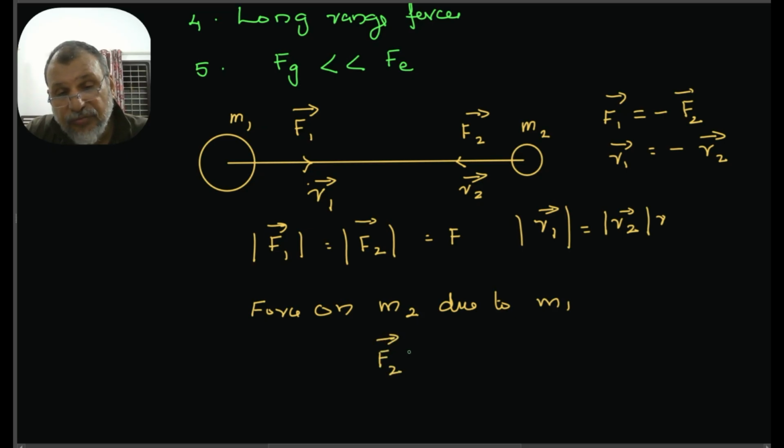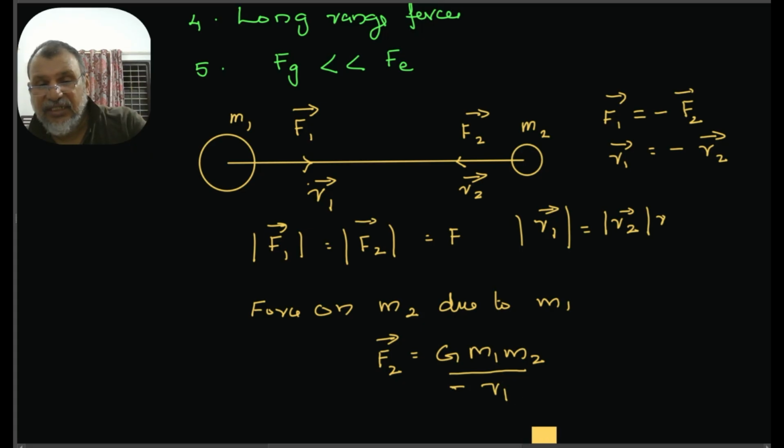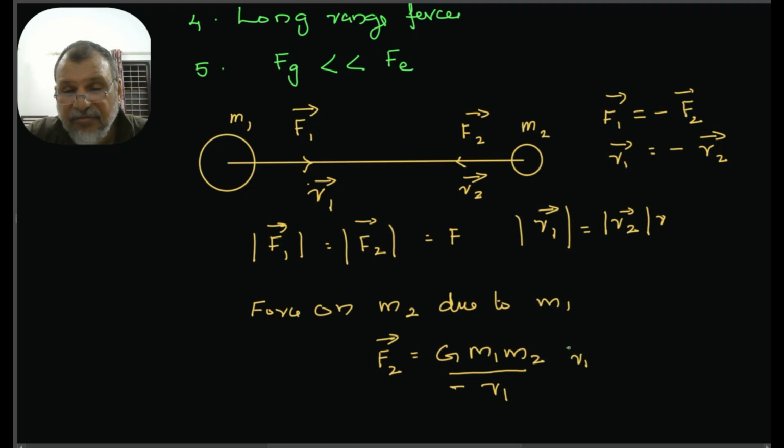In this case we can write f2 is equal to G m1 m2 over r squared, but I must remember the direction. What will be the direction? Minus r1, right? Because division by a vector is irrelevant, we do the vector part here and write it as r1 hat. So it's the opposite direction of r1.